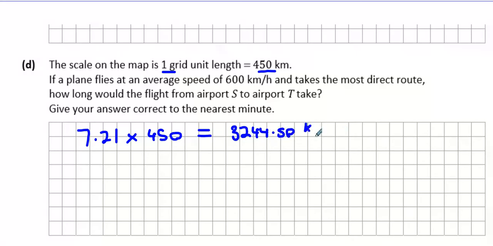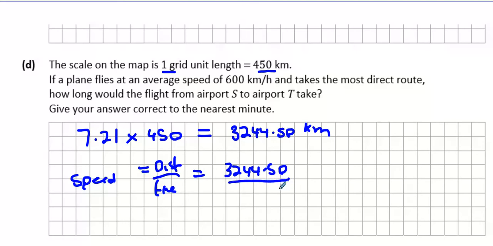And then speed equals distance over time. Sorry, we're looking for time, so time equals distance over speed. That's my fault.